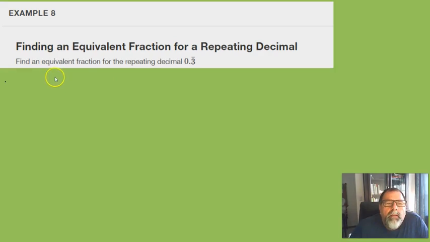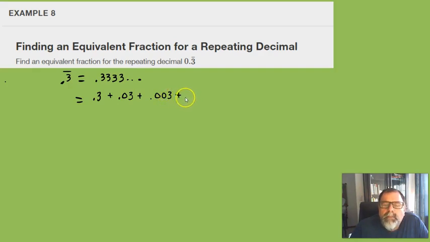Okay, find an equivalent fraction for the repeating decimal 0.33, or 3 with the bar. So it's 0.33333, 3, and so on. You can think of it this way. It's 0.3 plus 0.03 plus, and just keep adding the next digit.